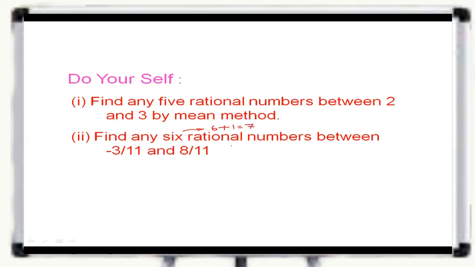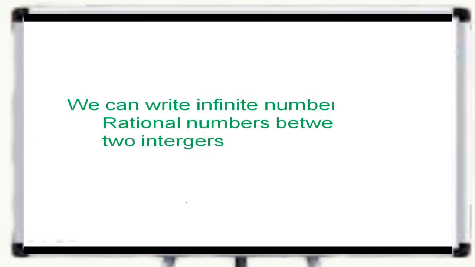So you have to multiply and divide the given rational numbers with 7. Then you have to write the middle numbers of the resulting numbers. With the solution of these questions, you conclude that we can write infinite rational numbers between any two numbers.